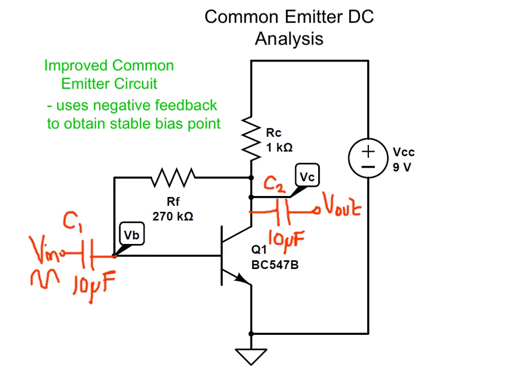The rule of thumb when choosing the value for RF, or the feedback resistance, is RF equals beta times the load resistance or collector resistance RC, which is this resistance. Since we have used the same transistor, that is BC547B, let's for the moment assume that beta for this transistor is 300.